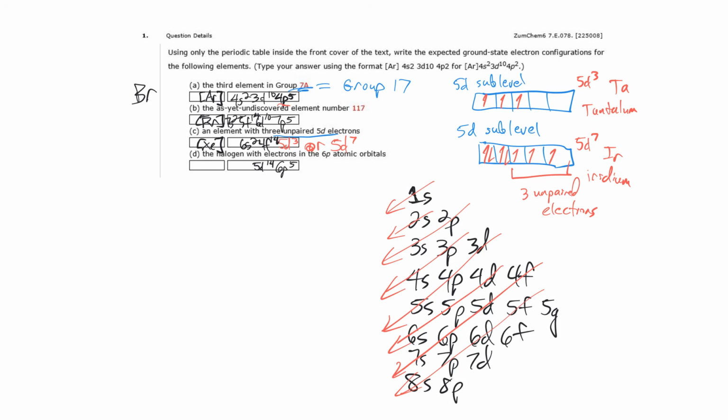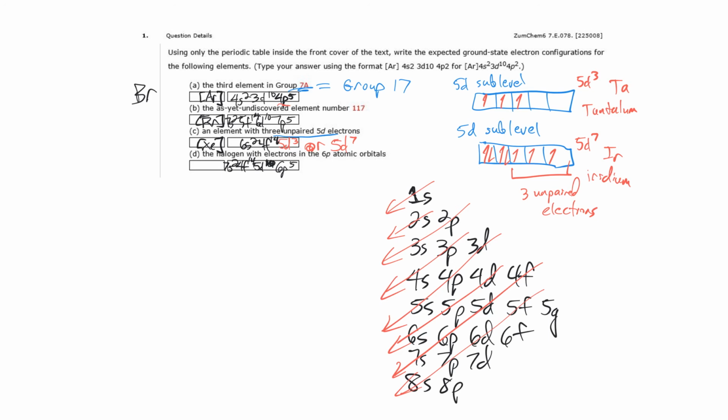Directly before, 10 electrons. 10 electrons could fit in a d sublevel. Directly before 5d is the 4f sublevel. That's where 14 electrons could fit. So 4f14, and directly before that, 7s. 7s2.